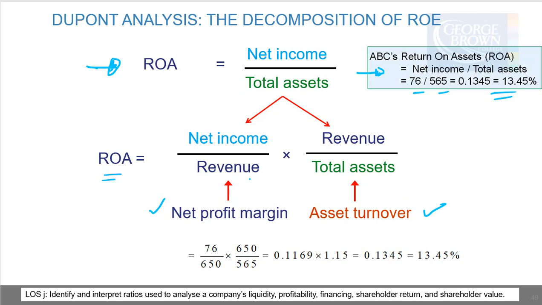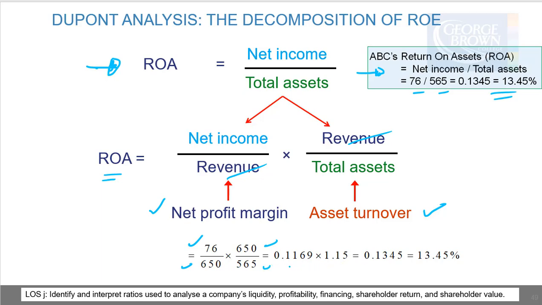Again, by just scratching out the numerator and denominator, you can see we're back to our net income divided by total assets. We've just expanded the formula by using a little bit of algebra. So we can see net income over revenue. Net income was 76 million. Revenue was 650 million. Total assets was 565.